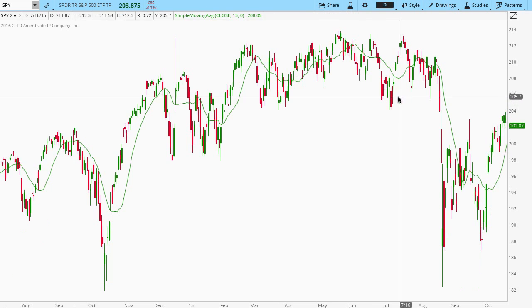The methodology is that whenever the stock crosses above the moving average, you want to buy it, and whenever the stock crosses below the moving average, you want to sell out of your long position or go short, or whatever the case is. Obviously, every indicator is going to work in some scenarios and not in others, but this is a very simple example of how an indicator gives clear buy and sell signals.